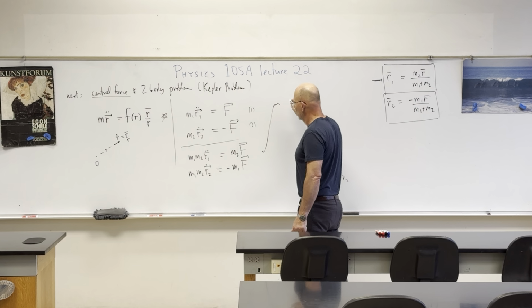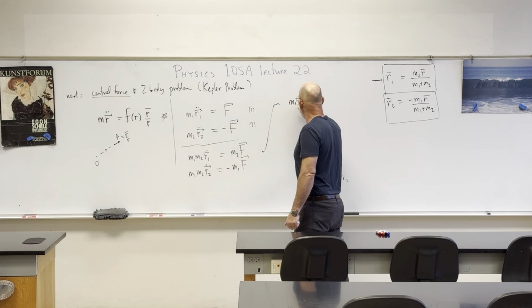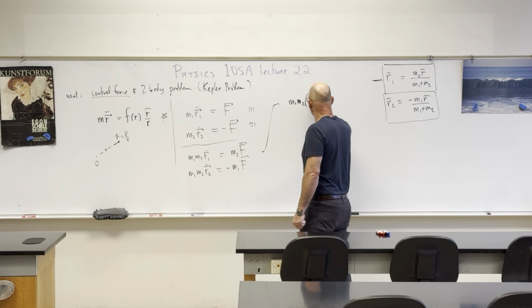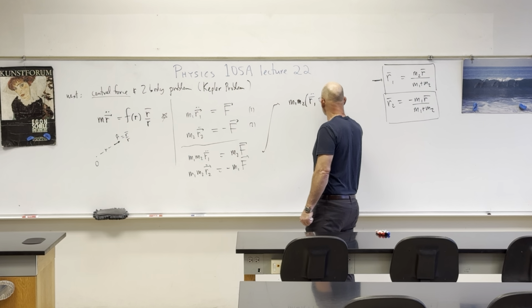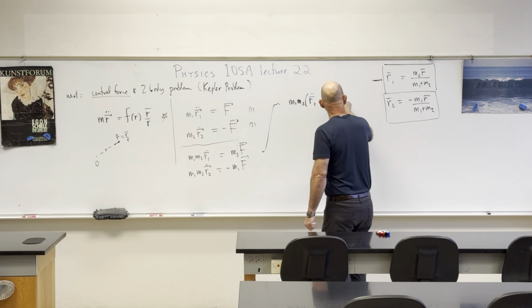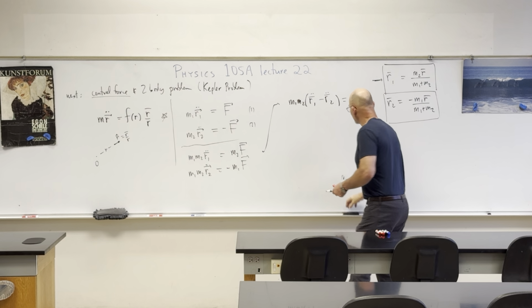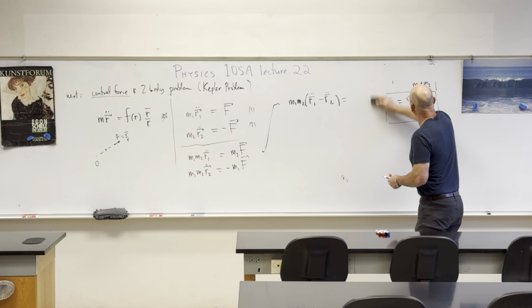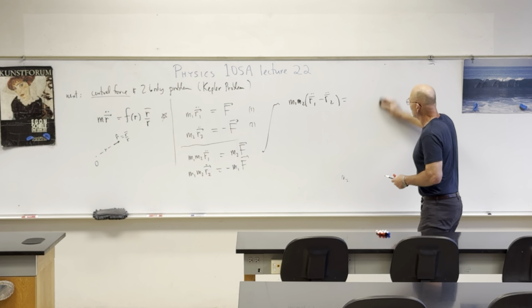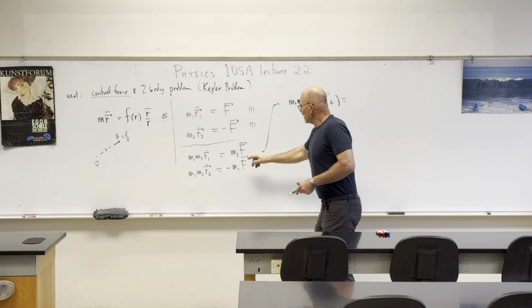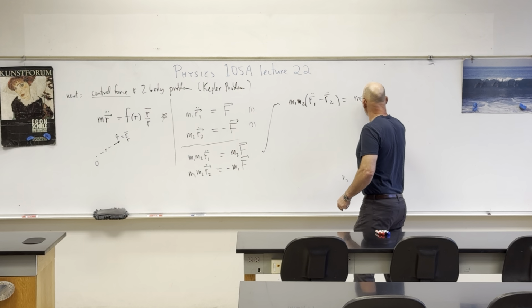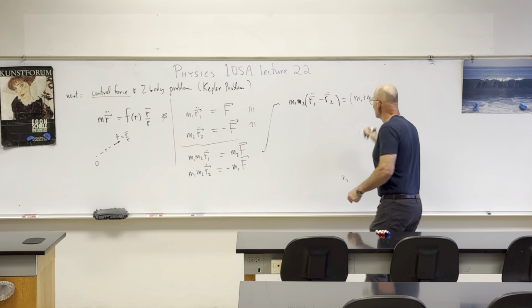So now M1 M2 times R1 second derivative minus R2 second derivative equals M1 plus M2 times my force.